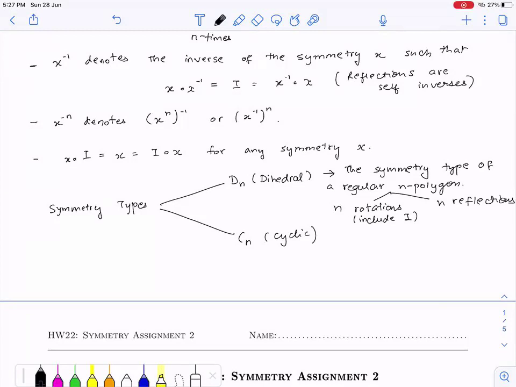For cyclic, Cn, this is the symmetry type of a regular n-pinwheel.